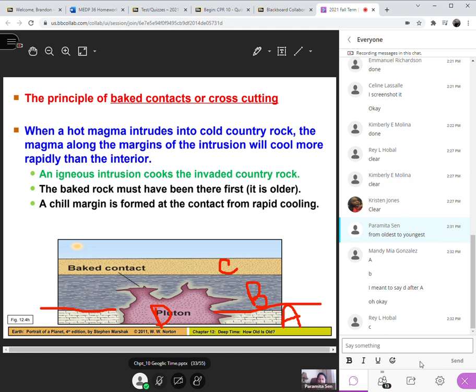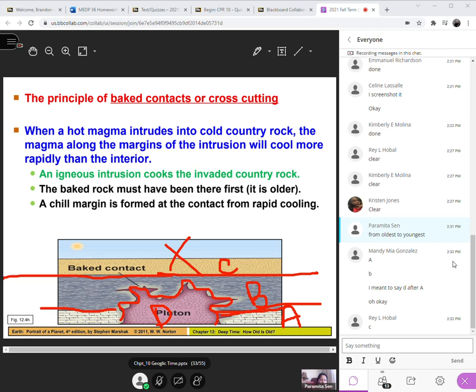Actually, no. I'm going to show you. Please look very carefully. Layer A was formed. Layer B was formed. After this, a magmatic intrusion came. That means suddenly magma started to come. It can only come where there is rock. That means C was not there.